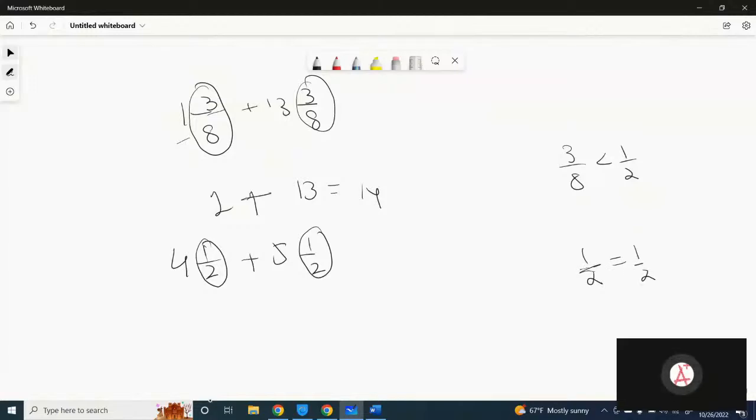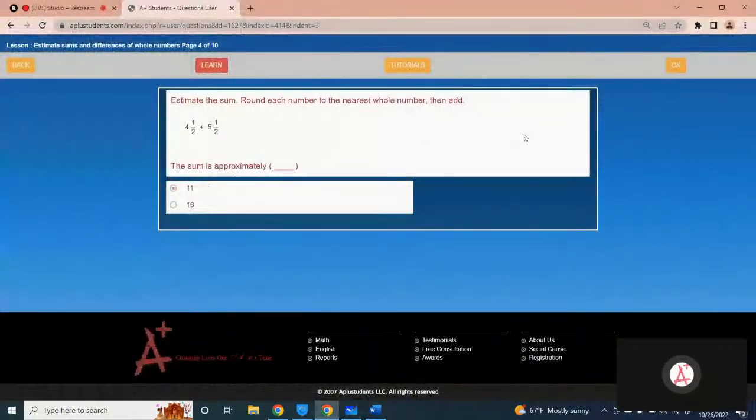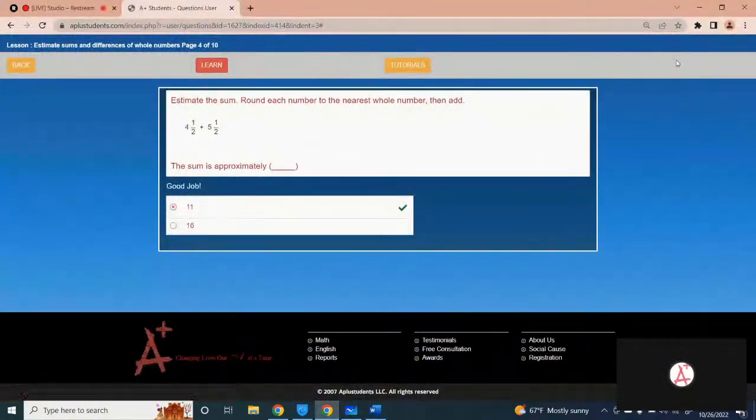Got it? That means you have to round up. So 4 is rounded off to 5, and you have the same fraction over here, so it would be rounded off to 6. Got it? So 6 plus 5 is 11. The correct option is 11. Just select the correct option and then click on the OK button.